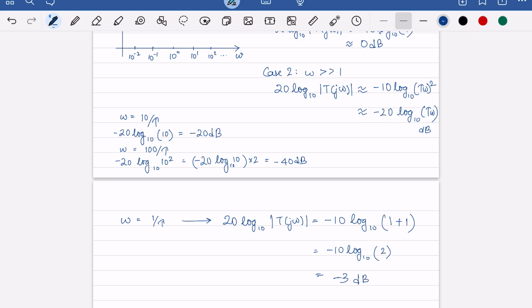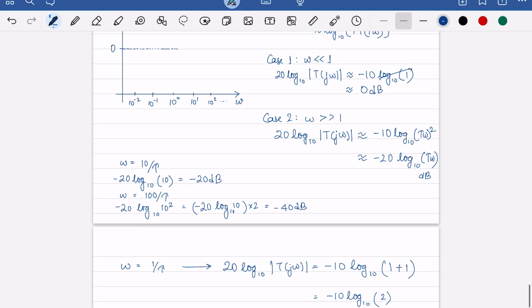Okay, so we have many clues at this point. At omega is equal to 1 by tau, I'm going to plot this here. And there's something you will see in these Bode plots: you write everything in terms of 1 by tau simply because it is advantageous. So if this is 1 by tau, this is 10 by tau, this is 10 squared by tau, then at 1 by tau you will have 0.